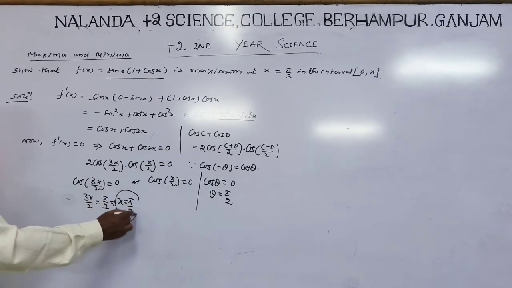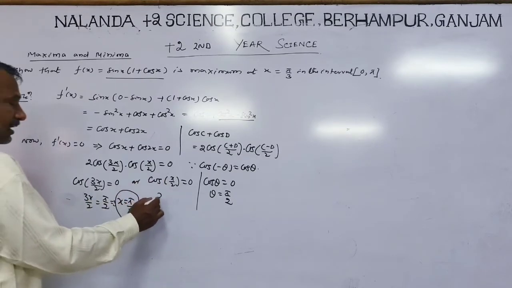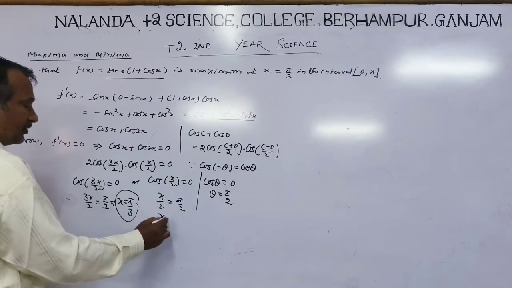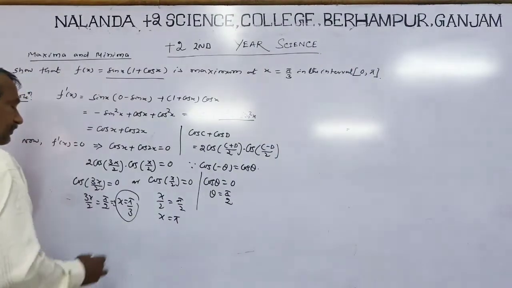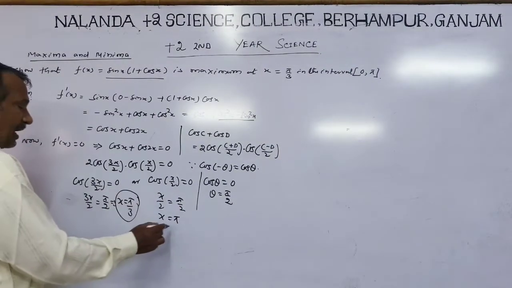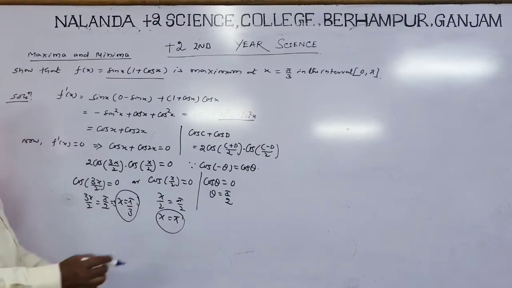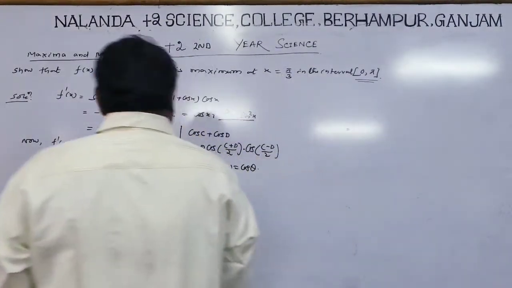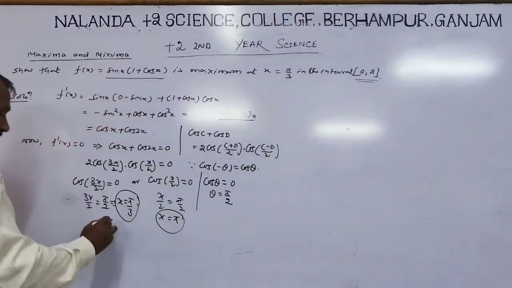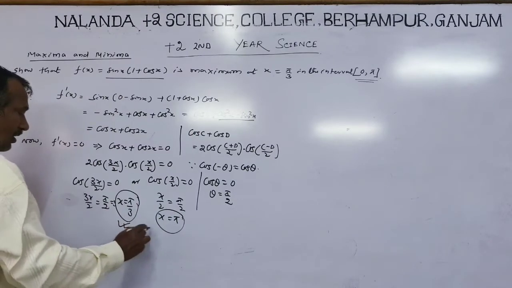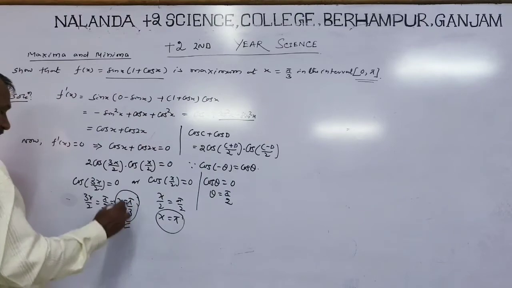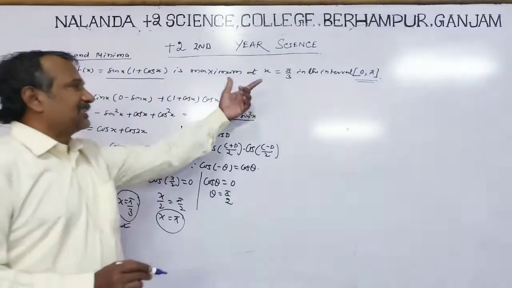This is one value. Now x by 2 equals pi by 2, so x equals pi. So we have pi by 3 and pi. But here the interval given is 0 to pi, a closed interval, so you can take this one or also this one. But between 0 and pi, you take this one, because it is already given as maximum.